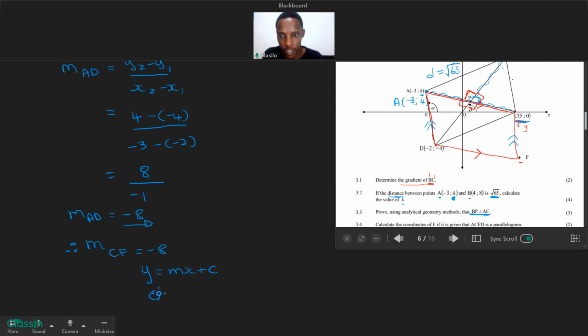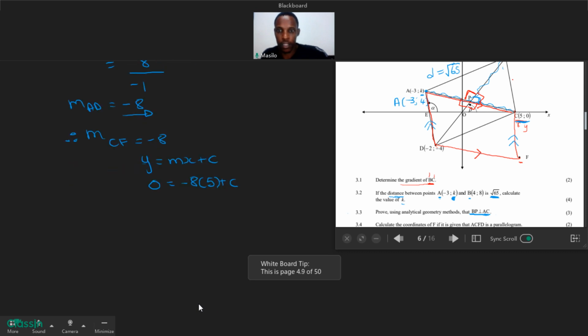Then we have 0 equals negative 8 into 5 plus c. 5 by 8 must be 40.